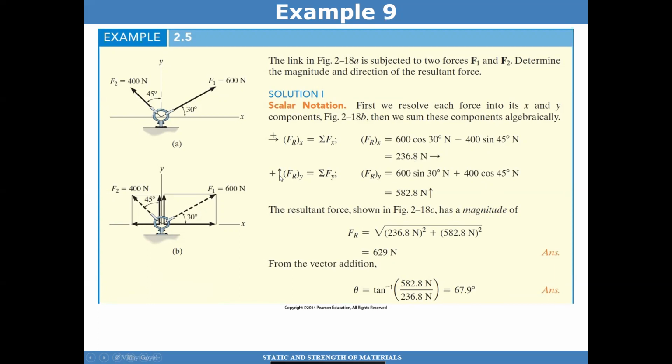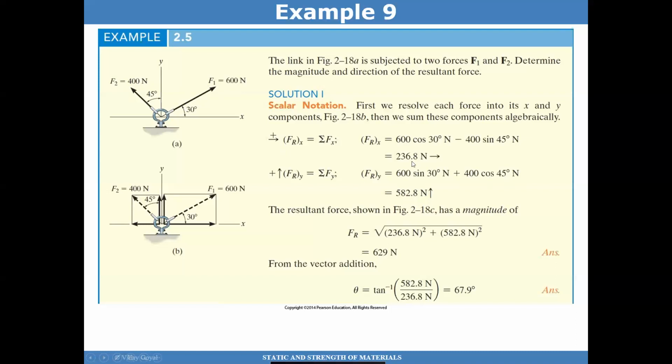You can then do the same process in the y direction. 600, this force vector here, times the cosine of 60 projects it back into the y-axis, or cosine of 60 is the same as sine of 30, so you get that, plus, and now this force vector, again, gets projected to the y-axis, that's 400 cosine 45, you get 582 newtons.